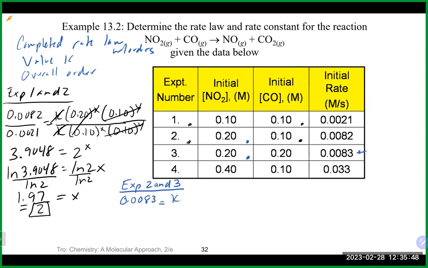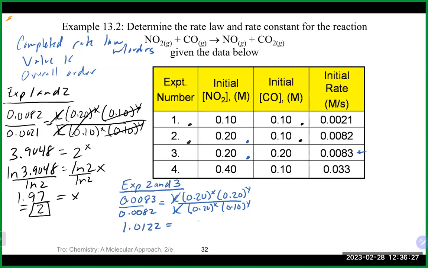That means I have K times 0.2 to the X, 0.2 to the Y, divided by 0.0082 equals K times 0.2 to the X and 0.1 to the Y. Once again, that is pretty close to 1, I'm assuming, but 0.0083 divided by 0.0082 is going to give us about 1.0122, which is equal to, once again, these guys are going to cancel.